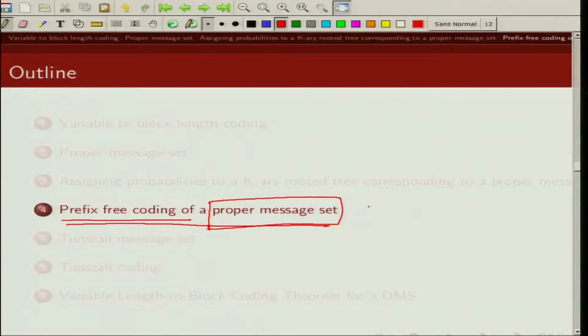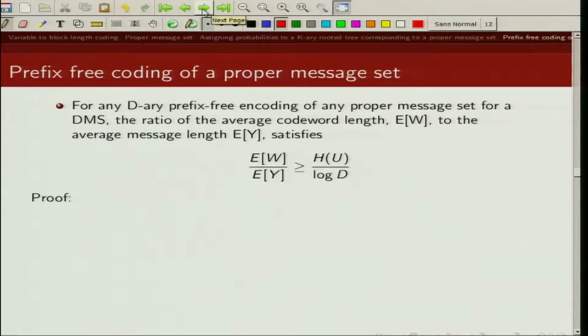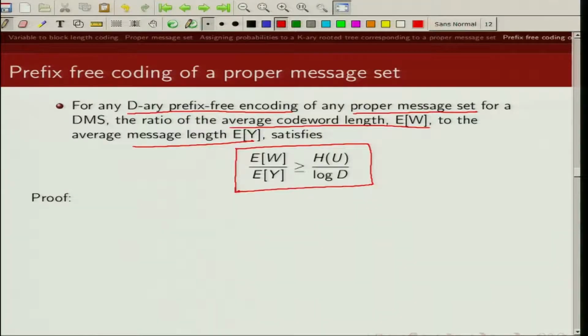So we get a variable to variable length coding. Since we have studied prefix free coding, I am just taking the liberty to take a small detour. We can show that if we do a prefix free coding of a proper message set, then the ratio of average code word length to the average message length satisfies this relationship.